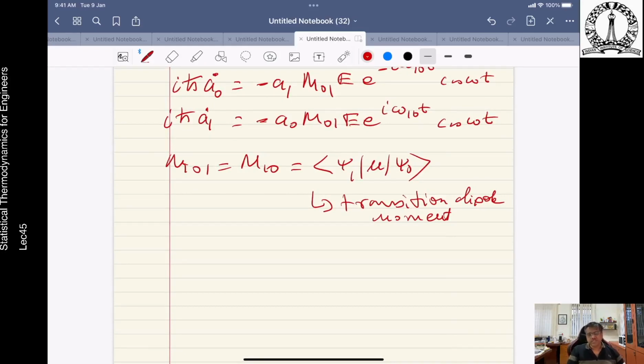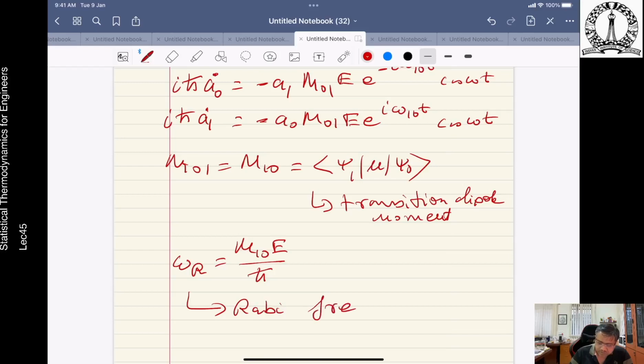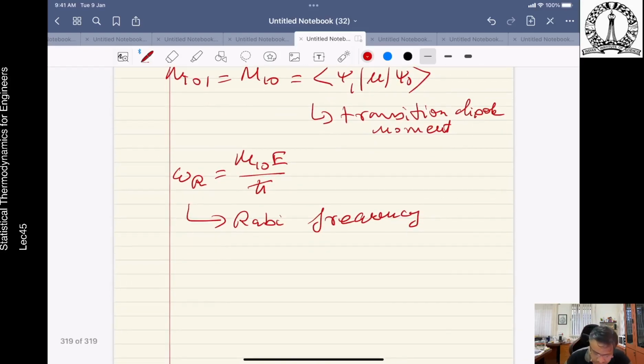It is a vector quantity, and m10 is a vector quantity. So it is convenient to define omega r as m10 times E by h bar. This is also known as the Rabi frequency, after Rabi. We also know that cos omega t is equal to e to the i omega t plus e to the minus i omega t, divided by 2, in exponential form.